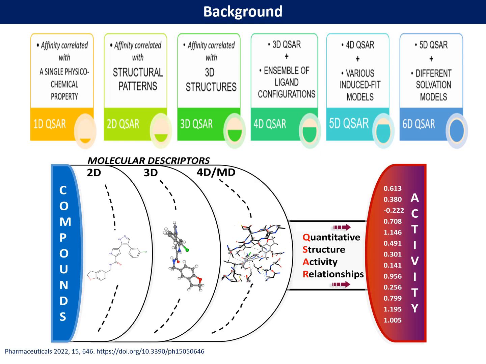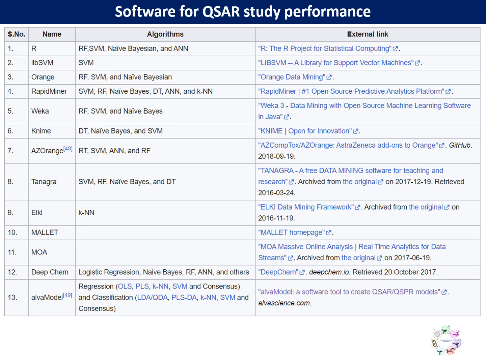Next one is this slide. We have around 6 types of QSAR model, from 1 to 6. Here I will focus on the 2D QSAR model, structure patterns with IC50 activity. This is the table of the software we can use to perform a 2D QSAR model.